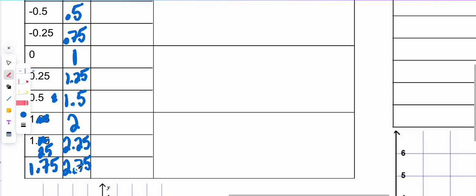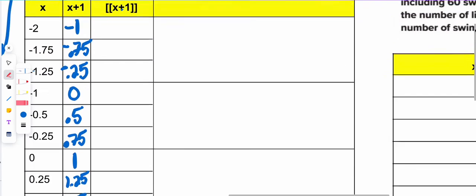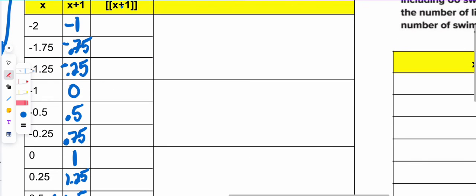So when we look at this, when we plugged in negative 1, negative 0.75, and negative 0.25, all of them ended up getting us a number that was greater than negative 1, but less than the next integer, which is 0. So all 3 of these top numbers got us a number that is greater than or equal to negative 1, but less than 0.